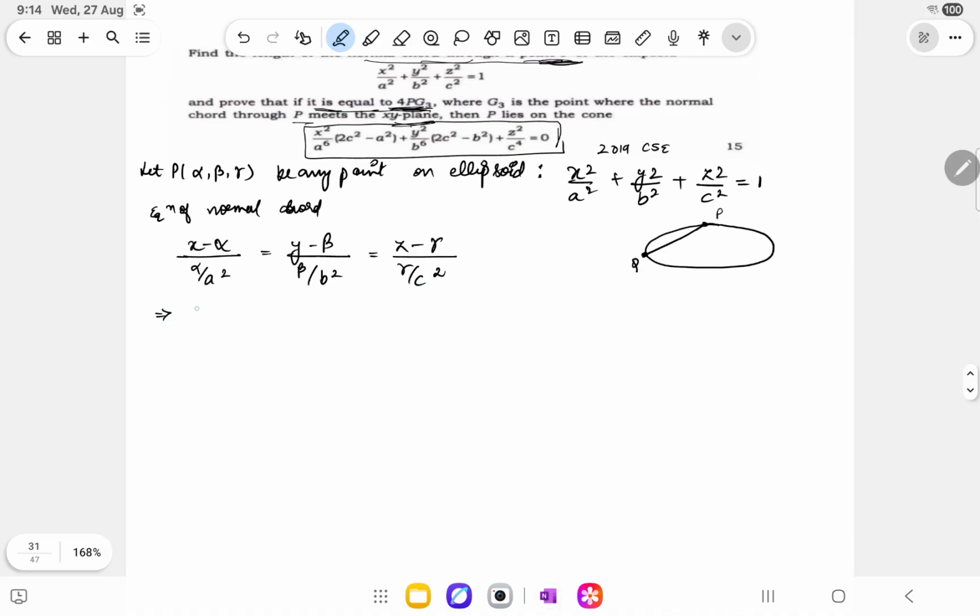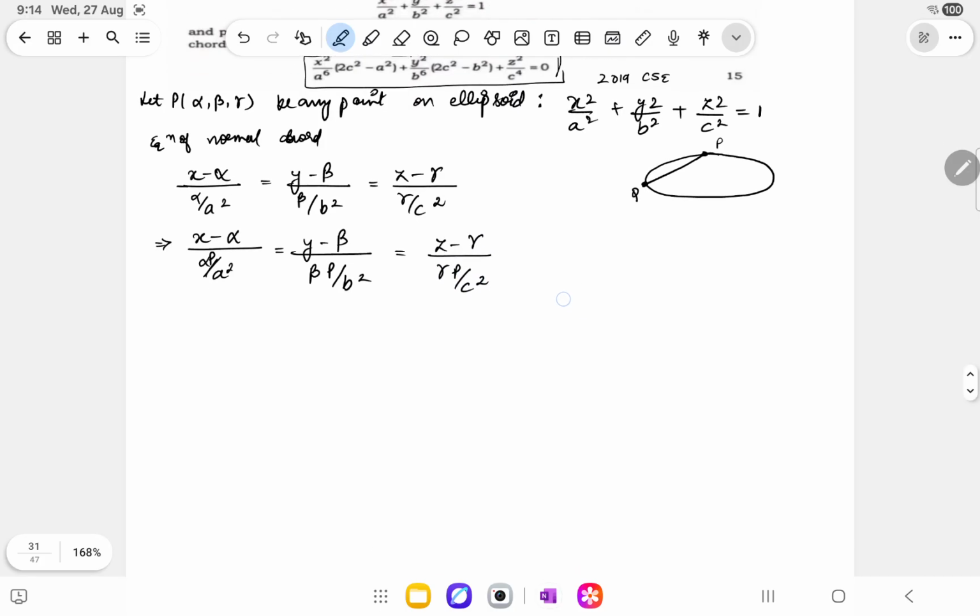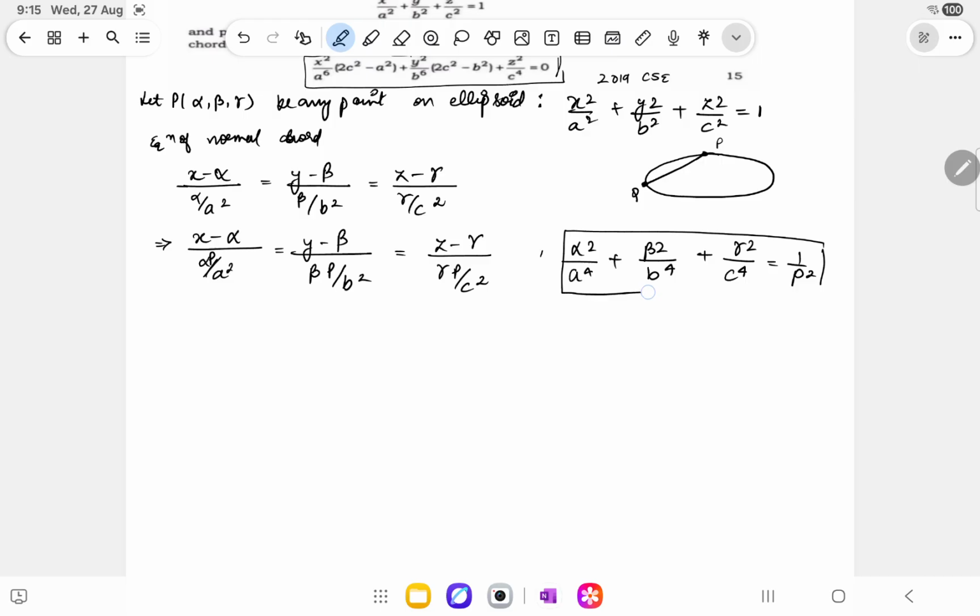But in normal form it will be basically x minus alpha upon alpha by a square into p is equals to y minus beta upon beta into p by b square is equals to z minus gamma upon gamma into p by c square, and where my p is basically alpha square by a raised 4 plus beta square by b raised 4 plus gamma square by c raised 4. So P is basically satisfying this.